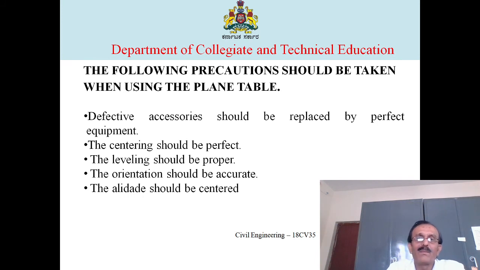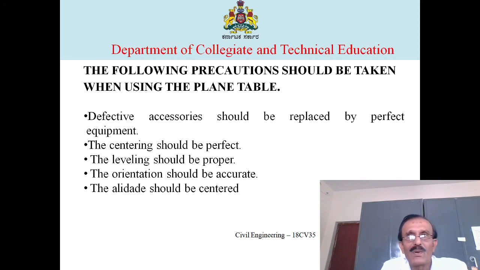The following are the precautions that should be taken while using the plane table. The defective accessories should be replaced by perfect equipment. The centering should be perfect. The leveling should be proper. The orientation should be accurate. Whether you orient by magnetic compass or by back setting, your orientation must be accurate.